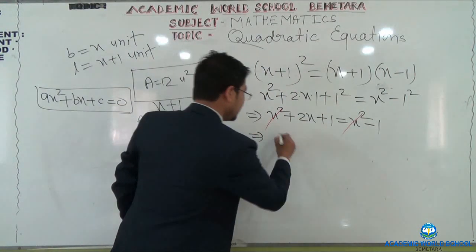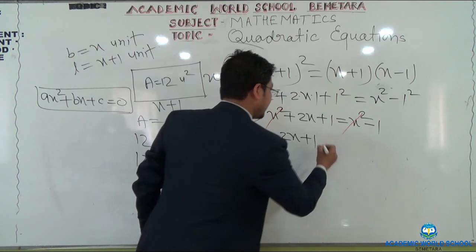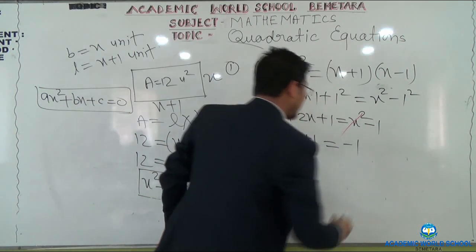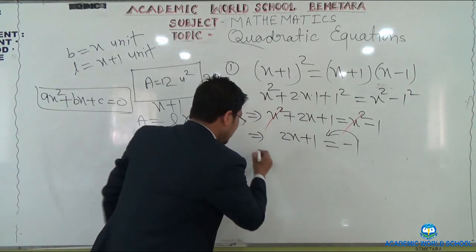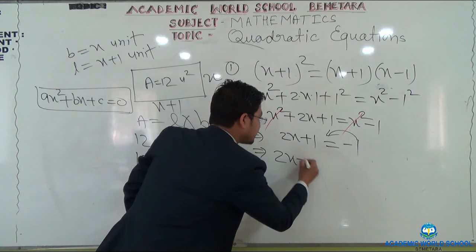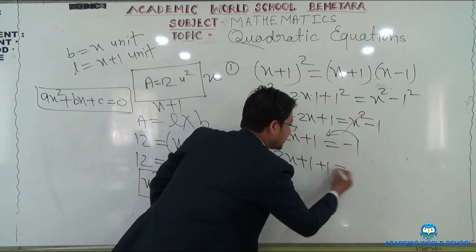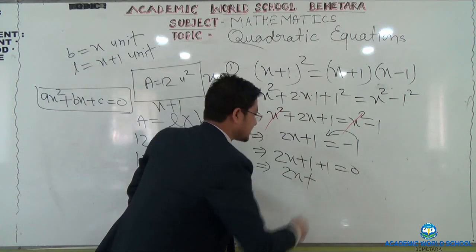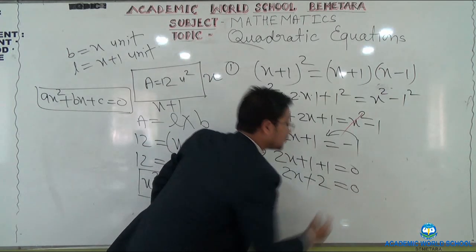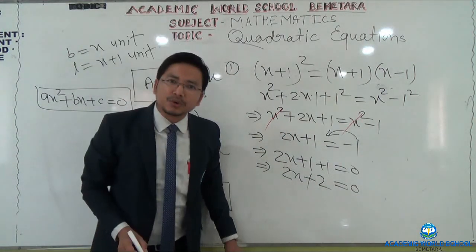So now we have 2x plus 1, and this is minus 1. Once I transfer this minus 1 to this side, it becomes 2x plus 2 is equal to 0. So this is not a quadratic. Why?